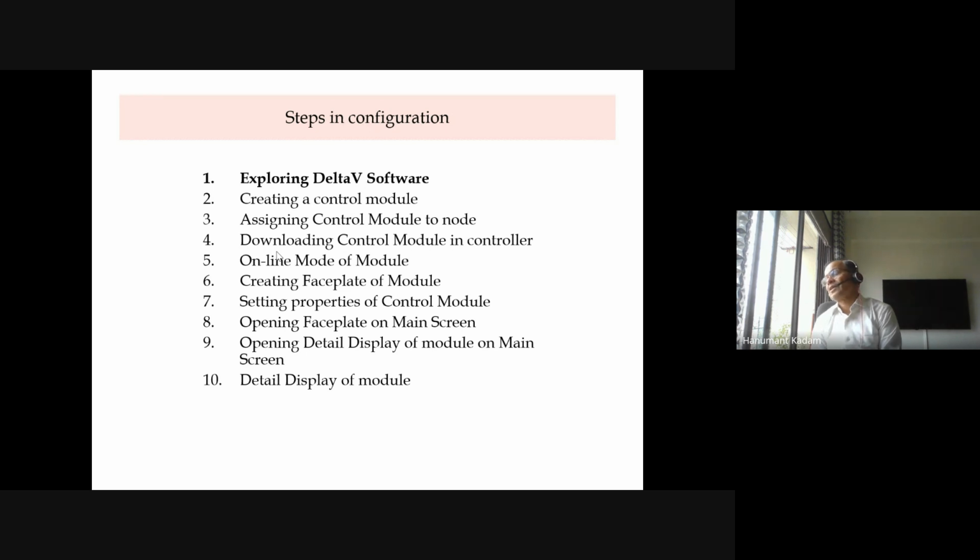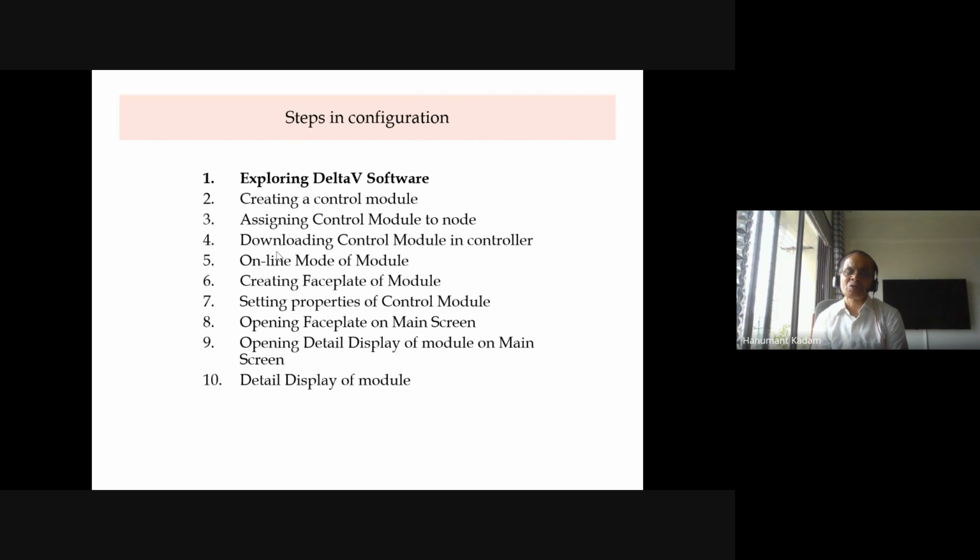Now you have graphic options there. You can see your module faceplate. Actually, you need not go into the program mode. You can just graphically see your values, set points, or details about your PID module. So creating the faceplate of the module, then setting up properties of the control module.